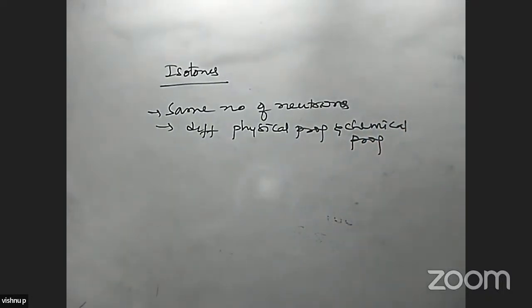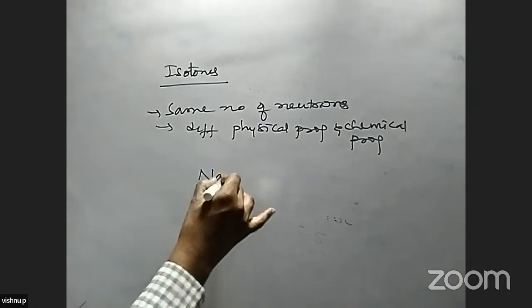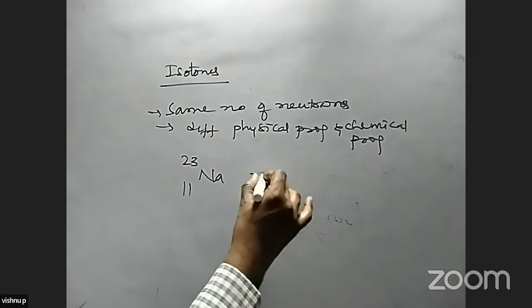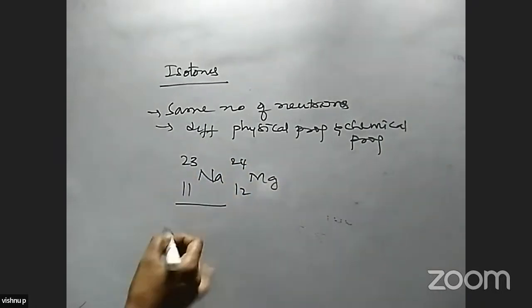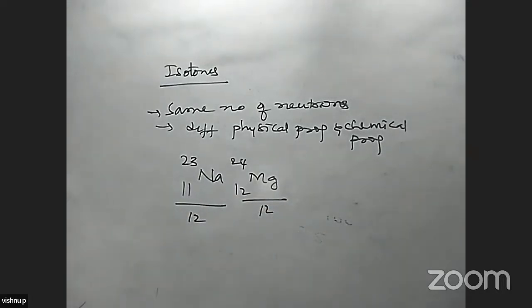One example is sodium and magnesium. Sodium has mass number 23 and atomic number 11. Magnesium has 24 and 12. How many neutrons are present in this case? 12 and 12. But both have different atomic and mass numbers, so physical and chemical properties are different.